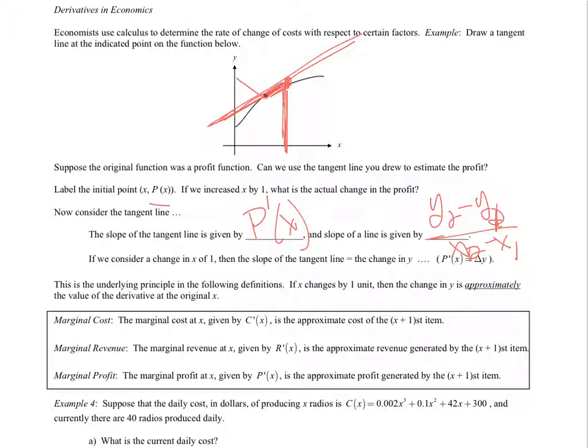And then they give us some definitions. Marginal cost. Marginal cost is the approximate cost of just one more item. So that's this idea, where you're going to find just one more of it and then find the slope between the line. And then the marginal revenue is the same idea.